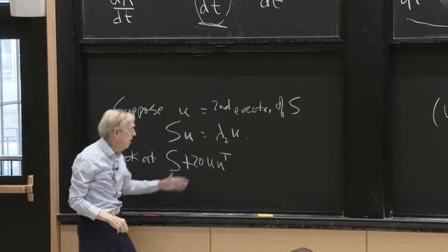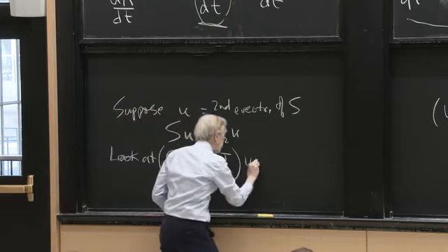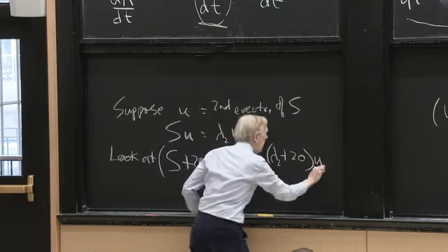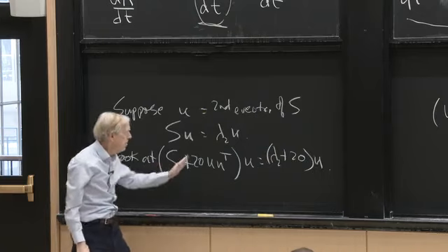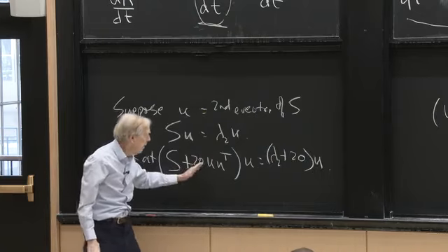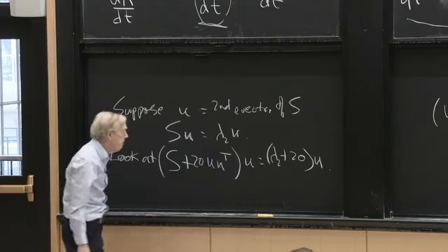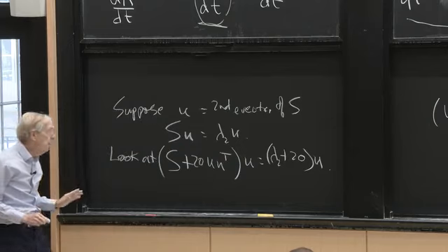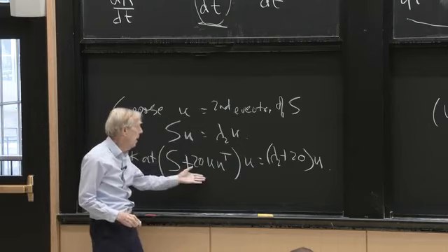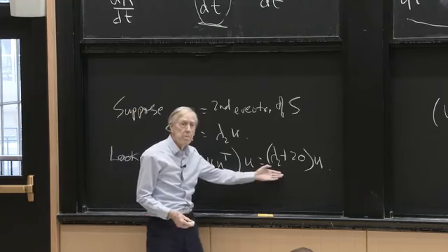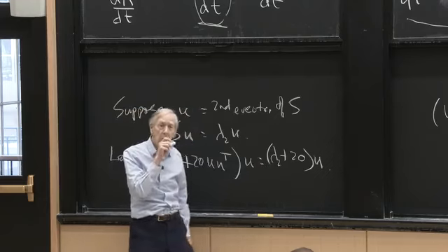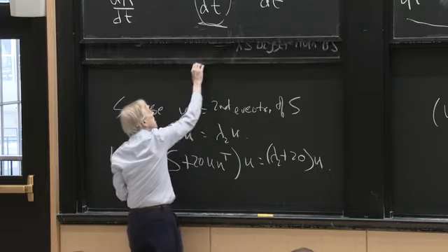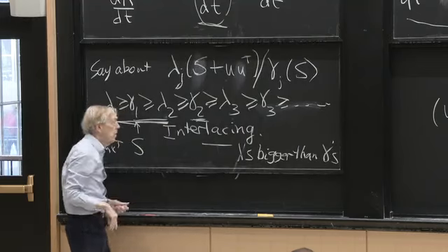When I add this, that same u has eigenvalue lambda 2 plus 20. S u is lambda 2 u, and this 20 is 20. u is a unit vector. So you see my worry? Here I'm doing a rank 1 change, but it's moved an eigenvalue way, way up. So how could this statement be true?